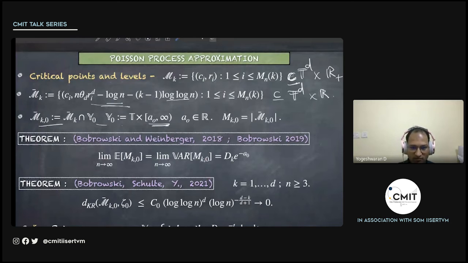Expectation and variance converge. What do we show? We show that the entire point process, the entire set of random points, converges to a Poisson process, which is a random point set. I will emphasize, if people miss this, it's a random point set, one of the simplest random point sets.